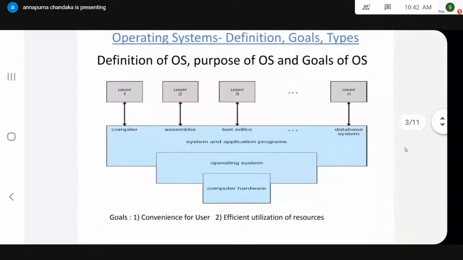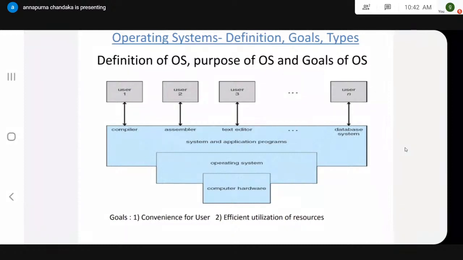Let us take a small example. Suppose you have a vehicle, some bike. The bike is a collection of hardware components, and you are the user. In order to drive the scooter, what do you require? You require petrol. That implies petrol is acting as an interface between the user and the hardware. Petrol makes all the hardware components work and creates an environment for the user to drive the bike.